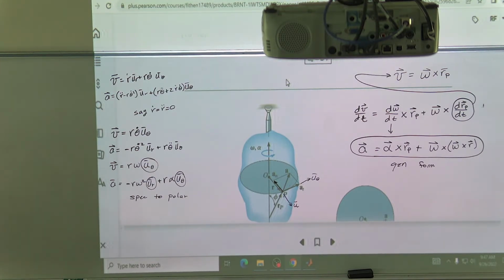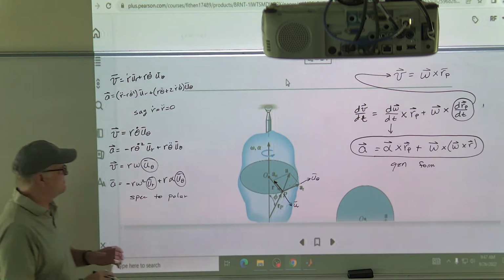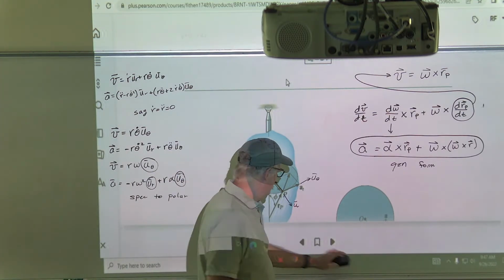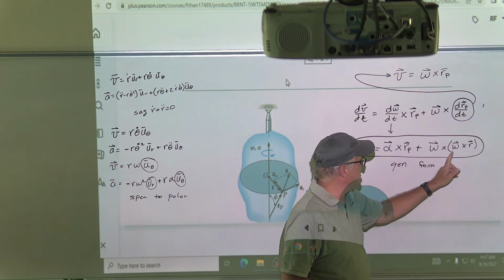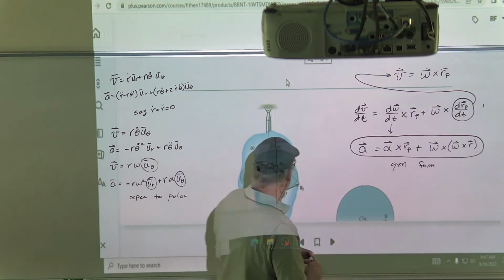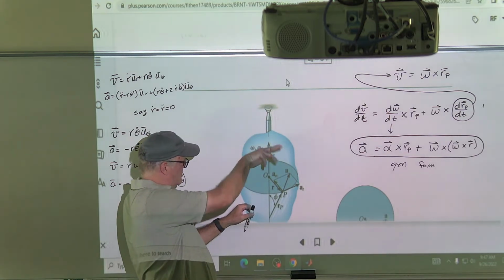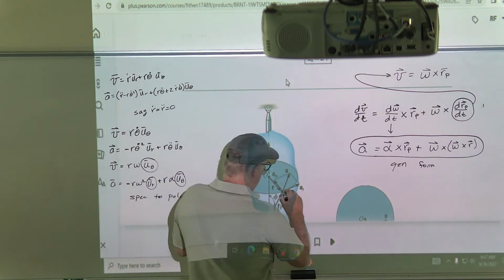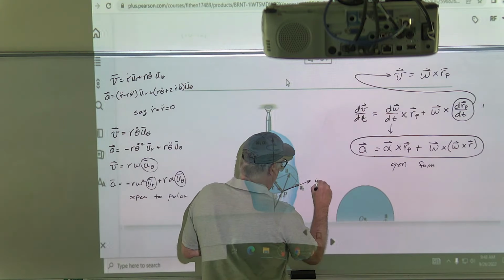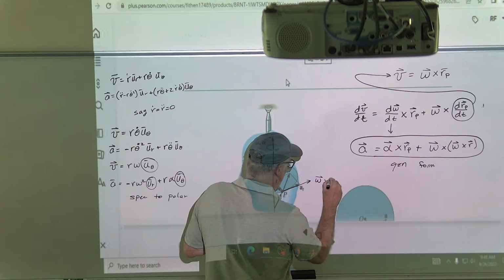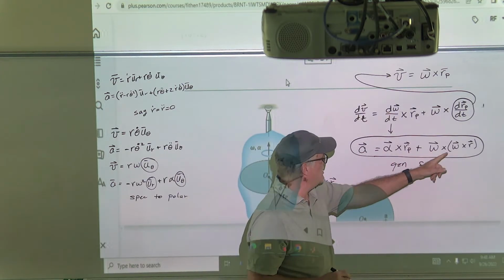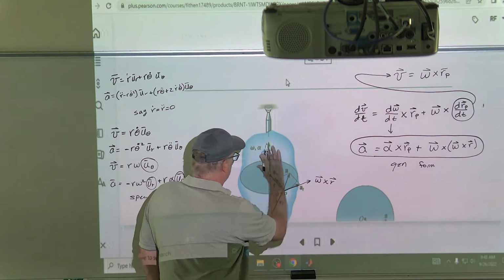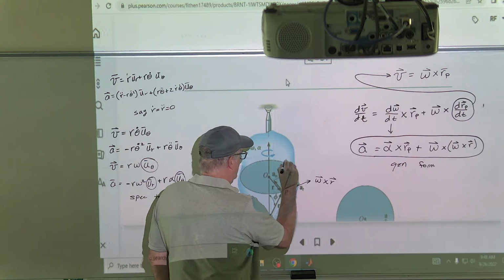He does say something interesting, okay? And I sometimes don't like this, but let's look at it like this. If we take that term inside here, and we take omega cross R, that is in this direction. This is omega cross R. Now, I'm going to cross omega with it. So I'm going to take my omega and stick out here.